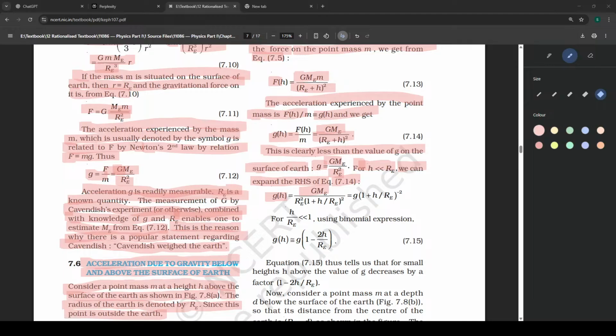Now if we expand it, g of h, the acceleration due to gravity at height h, GM_e by the (a + b) whole square formula, R_e square plus h square plus 2R_e h.